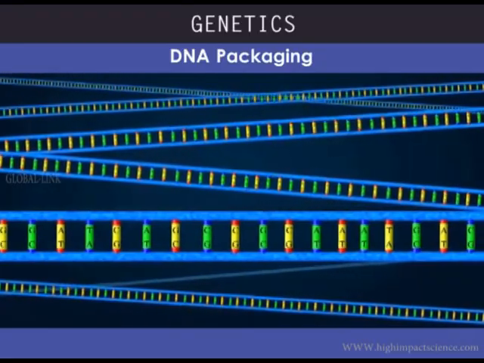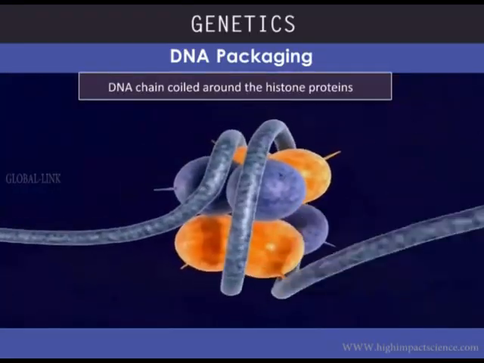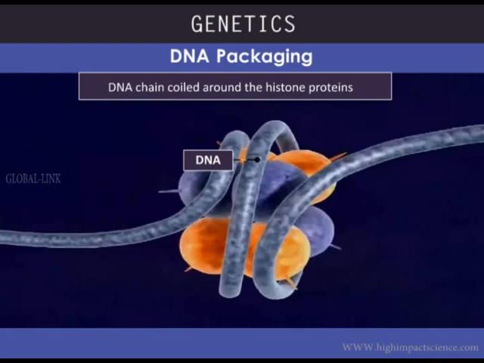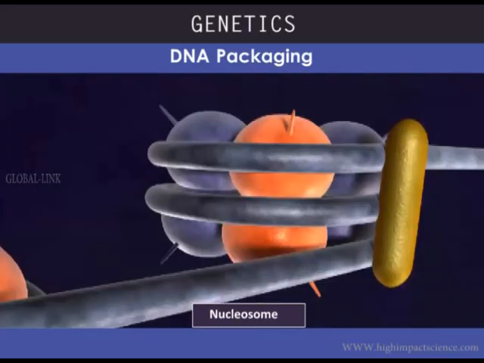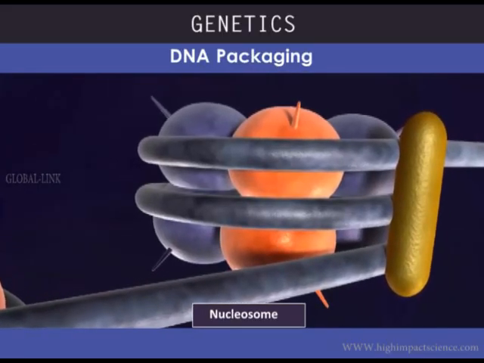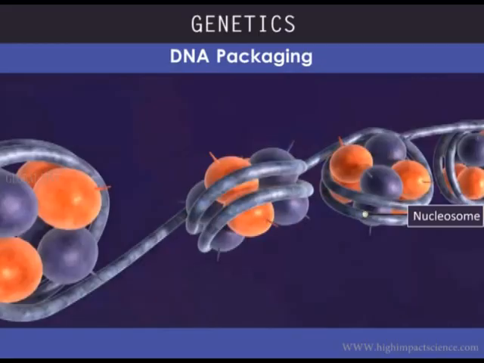Each strand is then wound around proteins called histones to form structures called nucleosomes, which are held in place by a protein called H1 histone. A typical nucleosome has around 200 base pairs. The nucleosomes appear as bead-on-string structures.